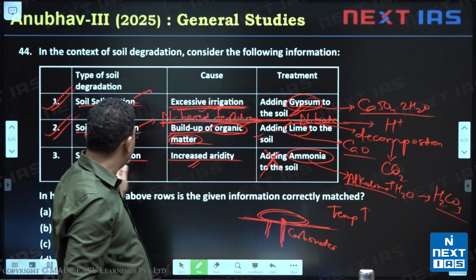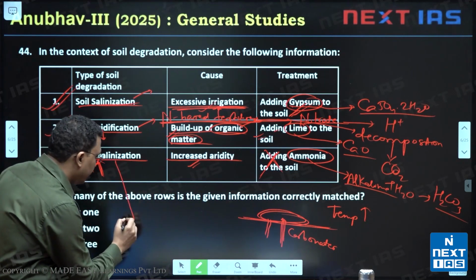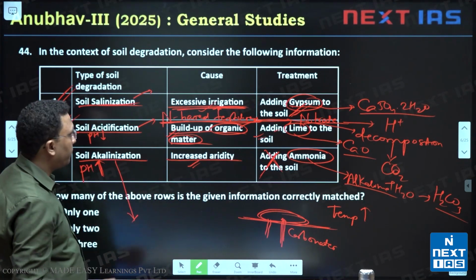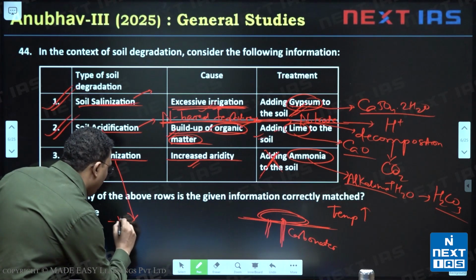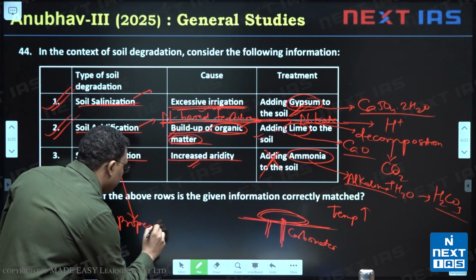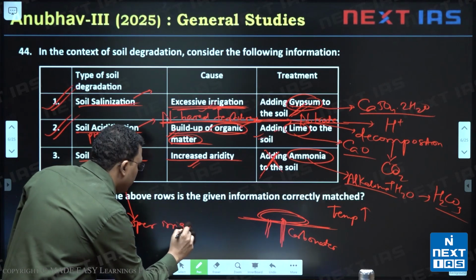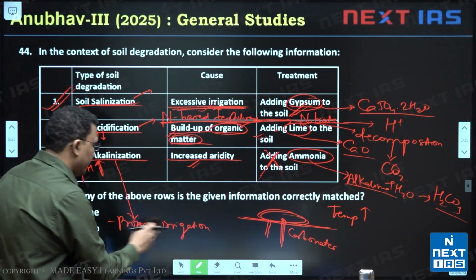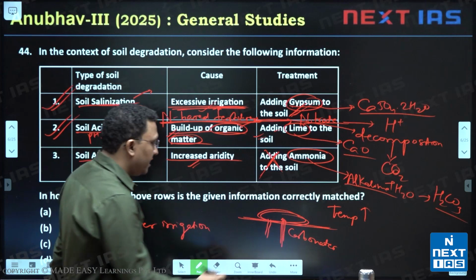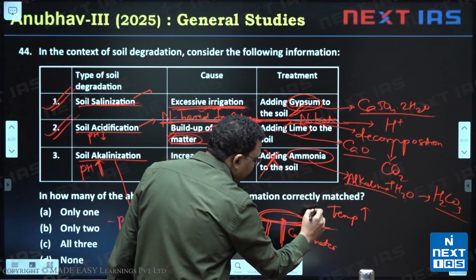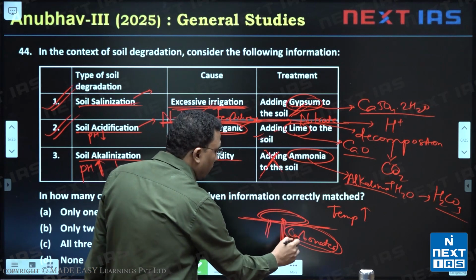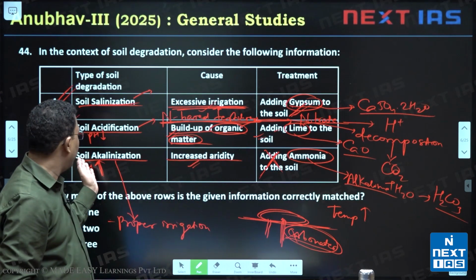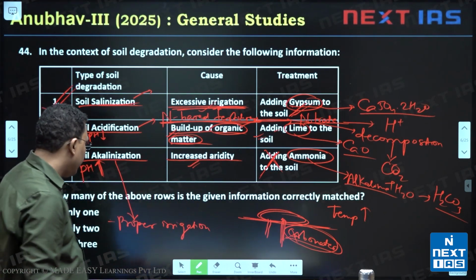In fact, there are two prominent treatments for alkaline soil. First is proper irrigation. When you do proper irrigation, it will take away the effect of aridity, right? And this leaching of carbonates upward will stop. So it will automatically treat the alkaline soil, right?